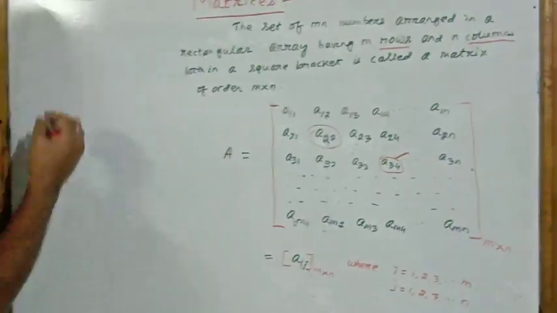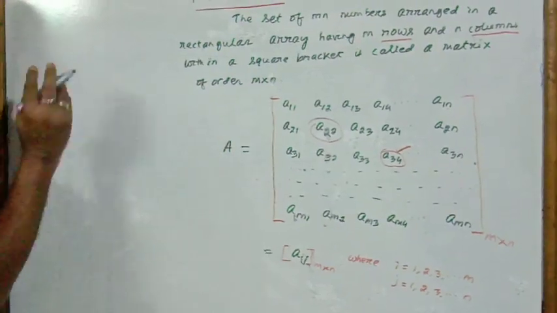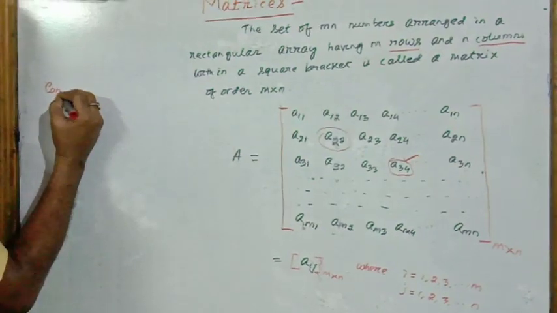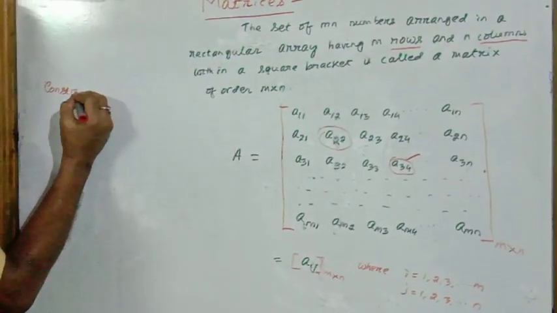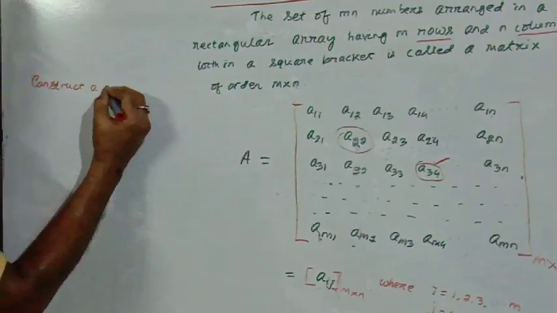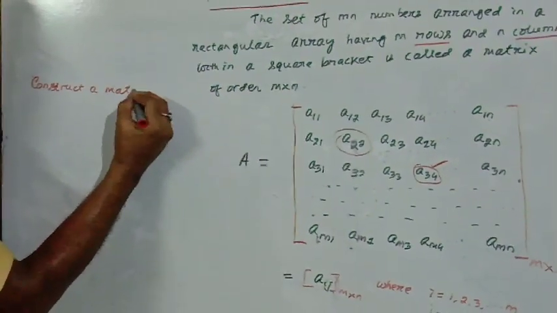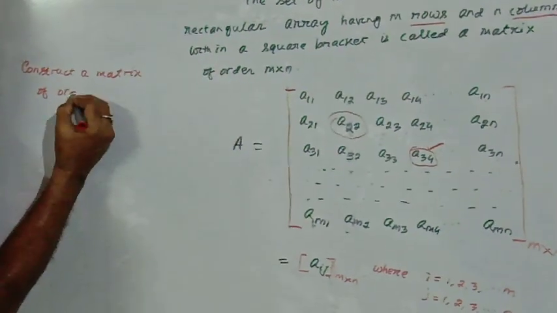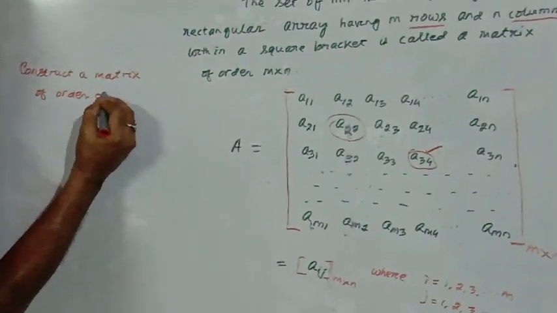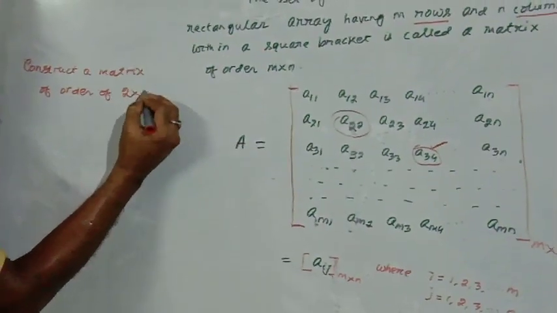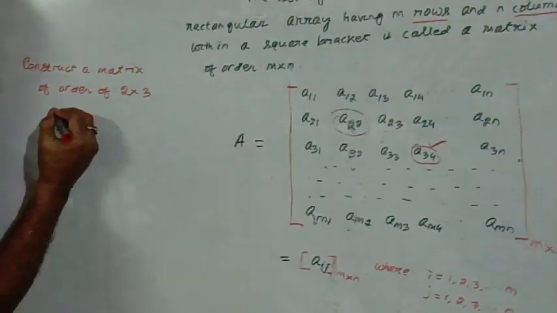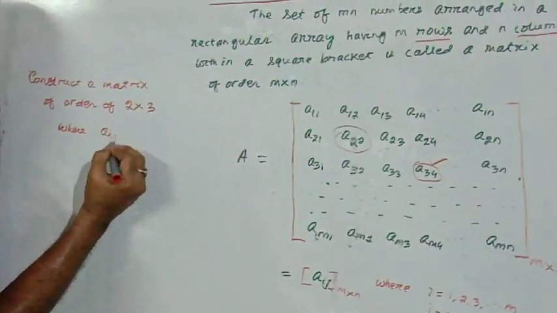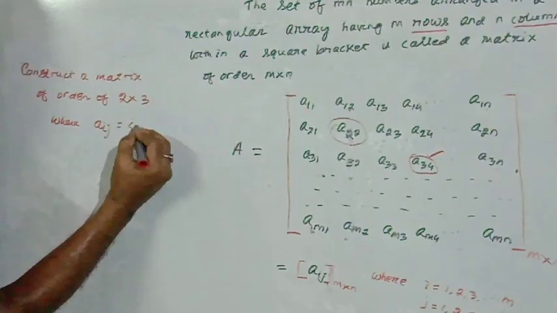Now, suppose we have to construct a matrix of order 2 cross 3, where the element aij is given by i plus j.